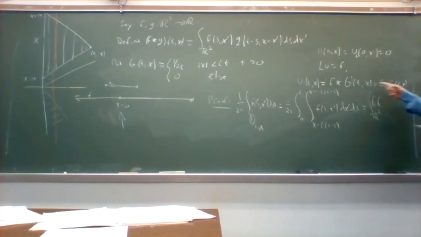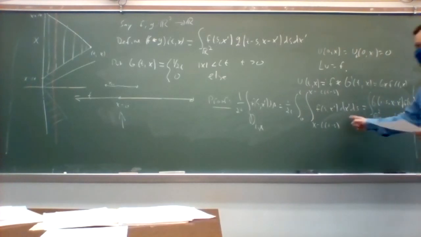You'll learn later on that convolution is symmetric. These two things are the same. It's more convenient for me to write G star F. So plugging into that definition, I'll take G of (t minus s, x minus x'), and then F of (s, x'). Running out of space there on the board, apologize.